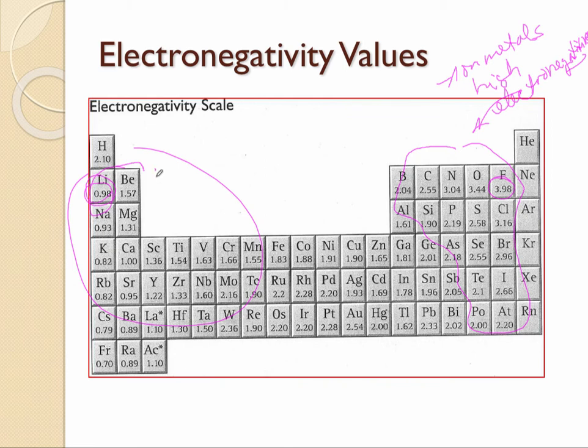Metals tend to have low electronegativities. What this means is that nonmetals, when they meet up with a metal, are able to steal or attract the valence electrons of those metals to themselves.